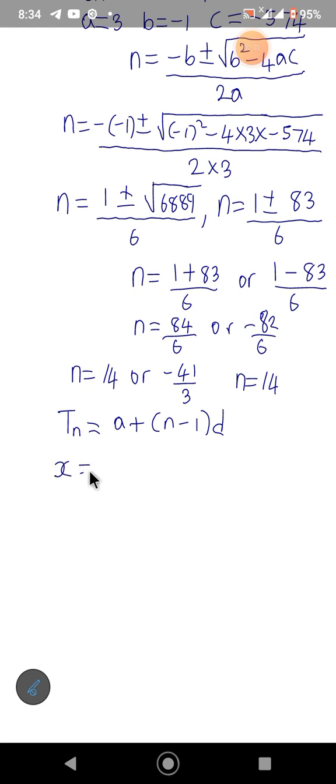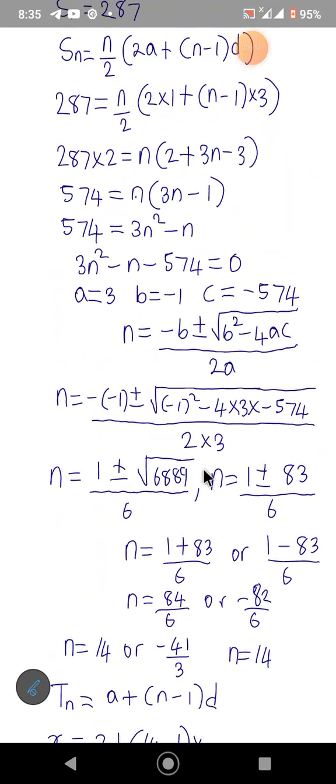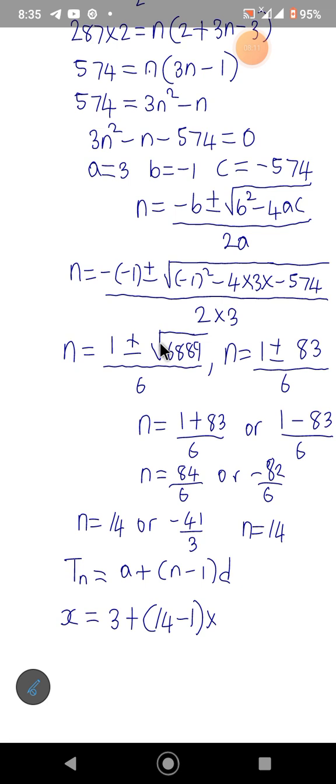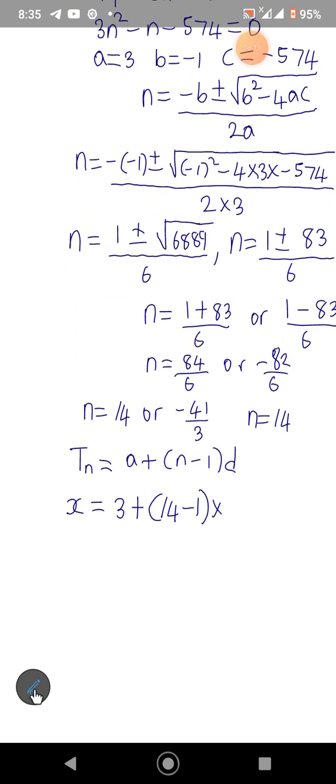So put x here equal to a plus n, and we have gotten n as 14. So we say 14 minus 1 times our d. We got d as 3 before, so we go back and put our d, which is 3.